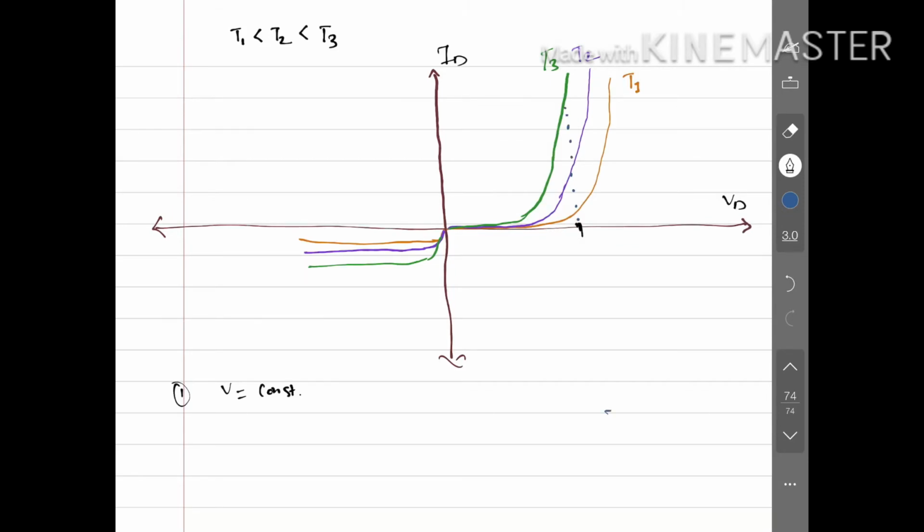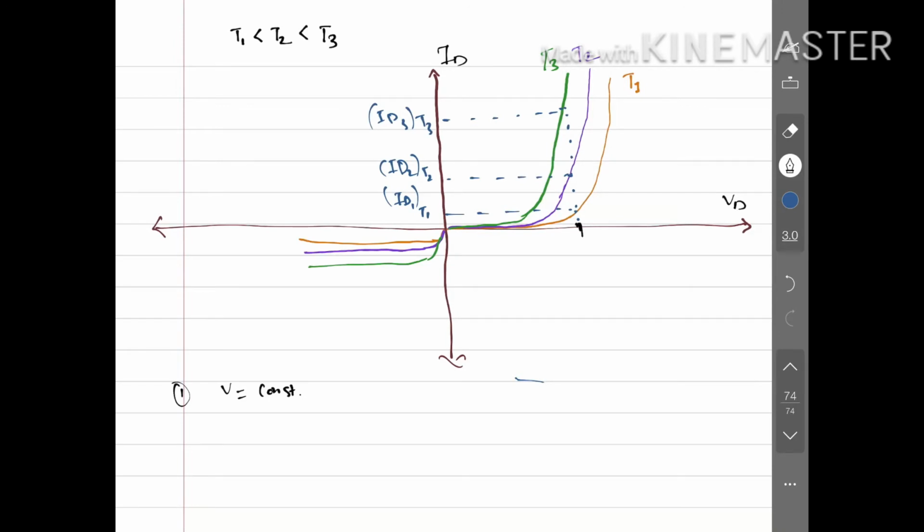So okay, so across this, so this is your current ID for temperature T1, and this is for the temperature T2, and similarly this one is your current for temperature T3. Okay, so this is your ID1 at temperature T1. This is your ID2 at temperature T2, and this is your ID3 at temperature T3.